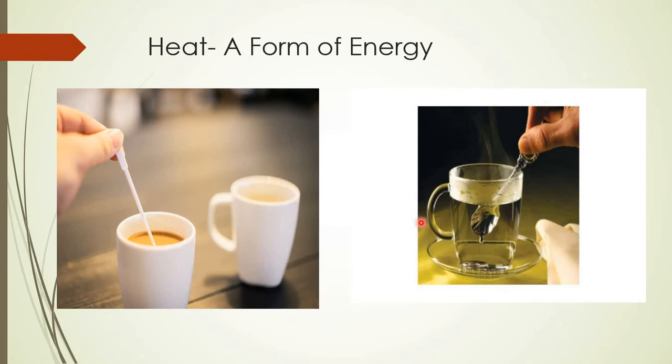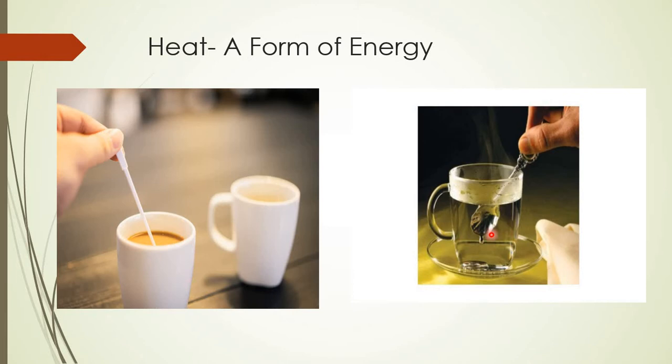As you can see in this picture, the temperature of the milk or tea, the water, and the spoon are different from each other. So whenever there is a difference in temperature between two bodies, a certain type of energy flows between them, and that particular energy is known as heat energy.